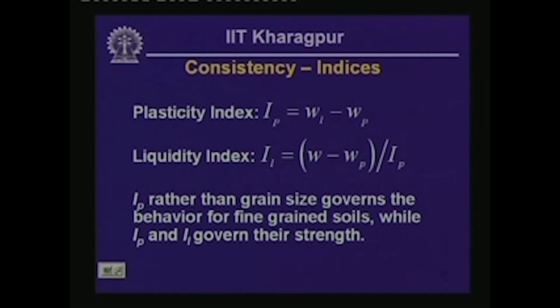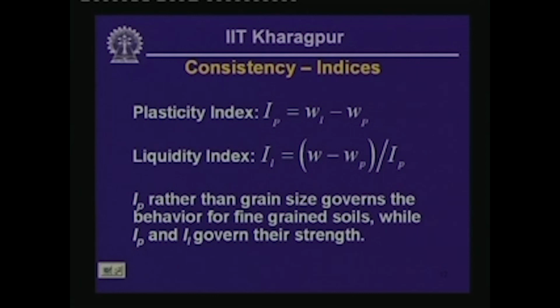So, plasticity index is controlled basically by the charge density, because the clay particles are all negative, they have got negative surface charge because of isomorphic substitution of cations, and the interaction as a result of it is measured by the plasticity index.